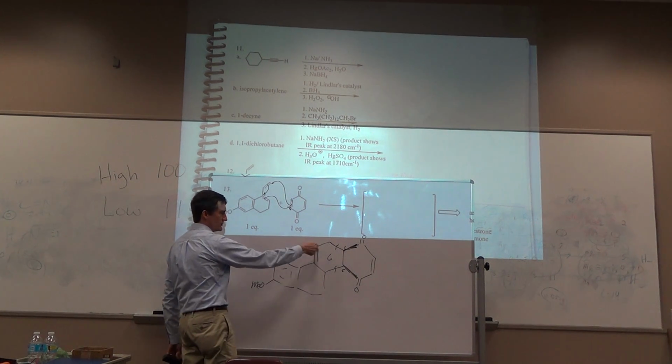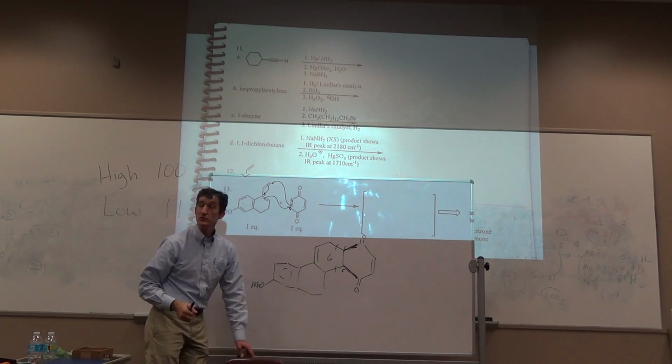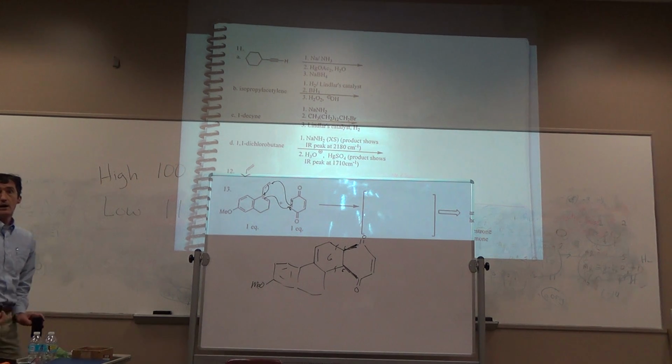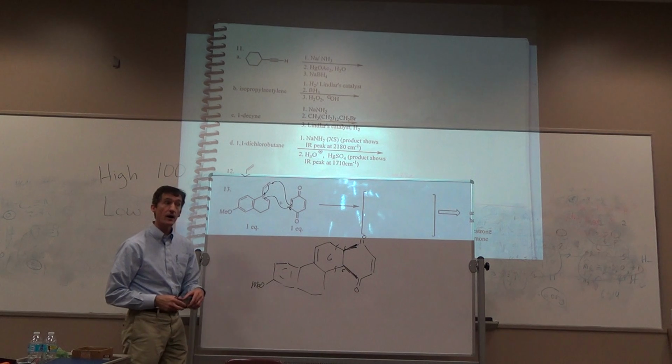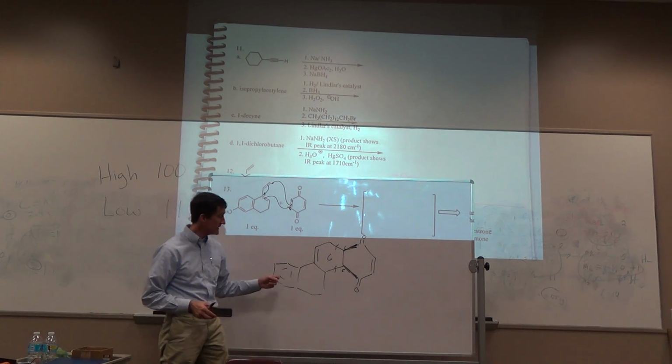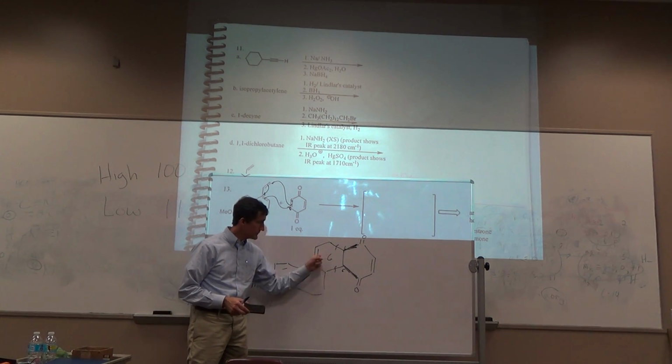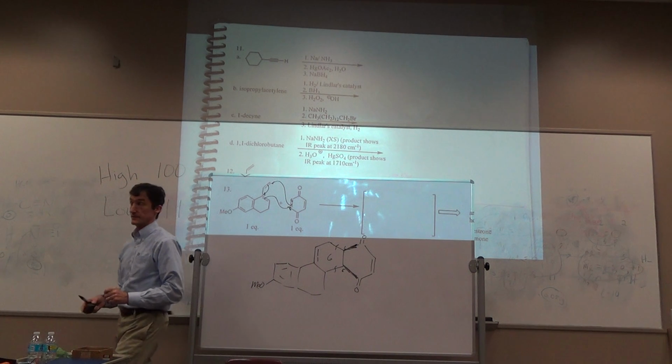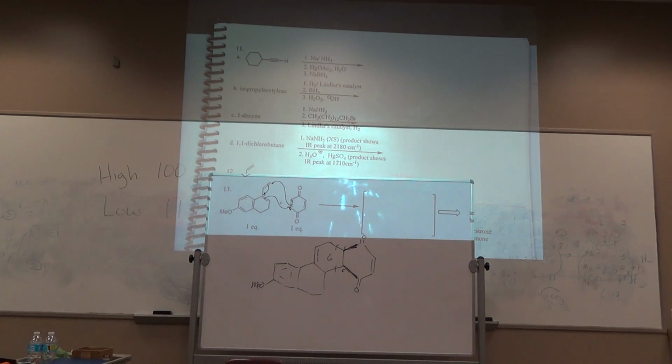This theoretically could too, but it's quite crowded. With Diels-Alders, if you get too much sterics, they don't work. But if you look up estrogen, you'll see the sort of four rings like this. There's more to go.